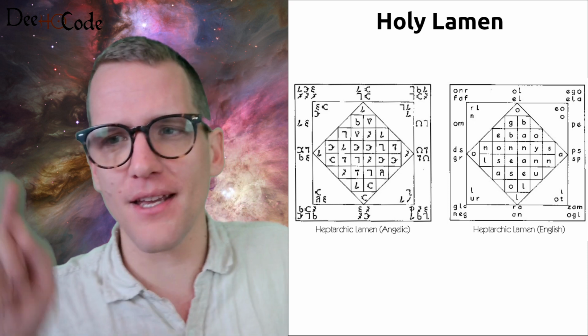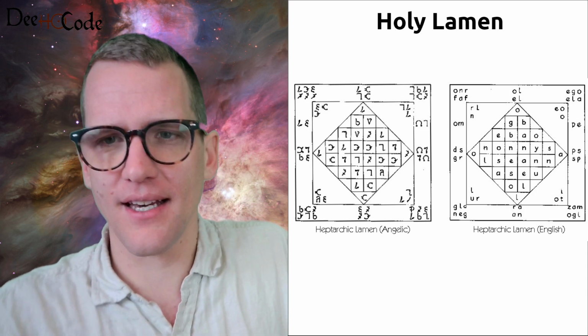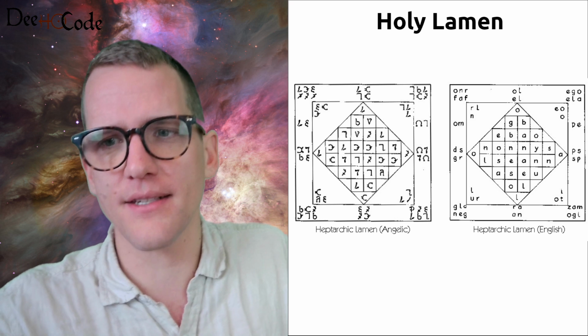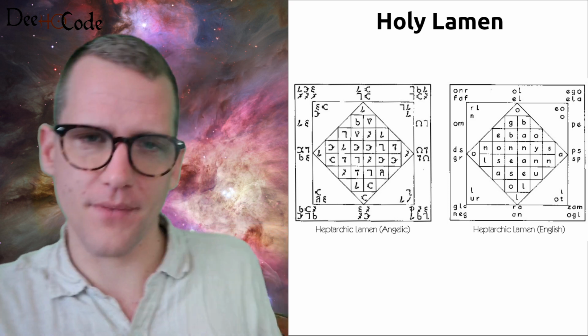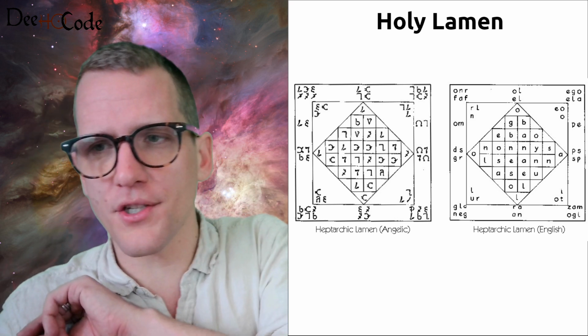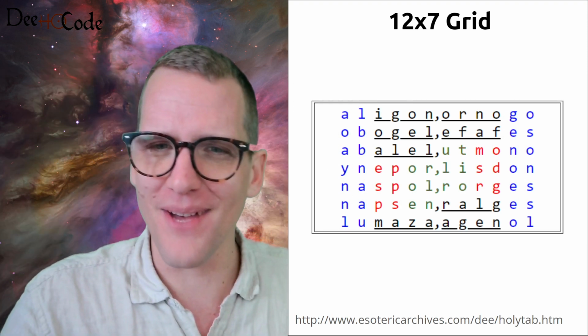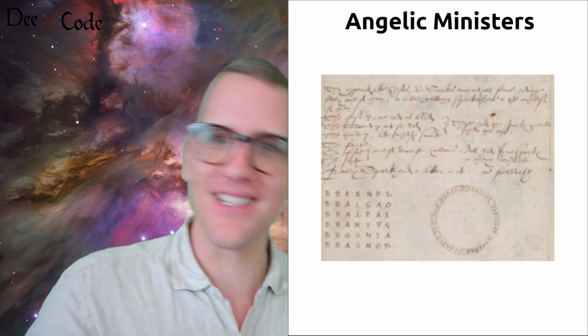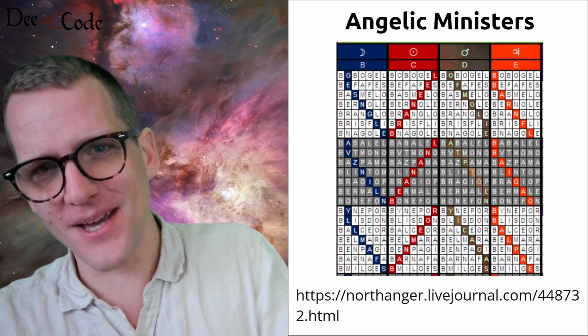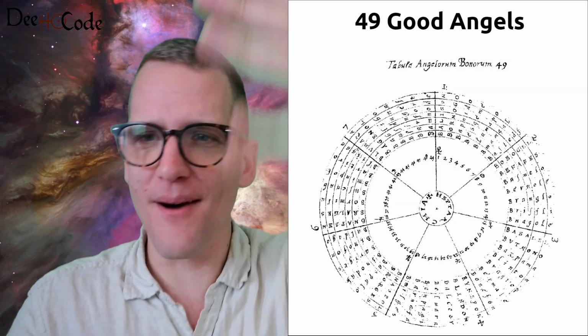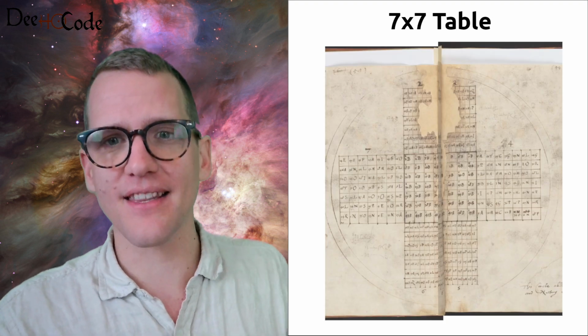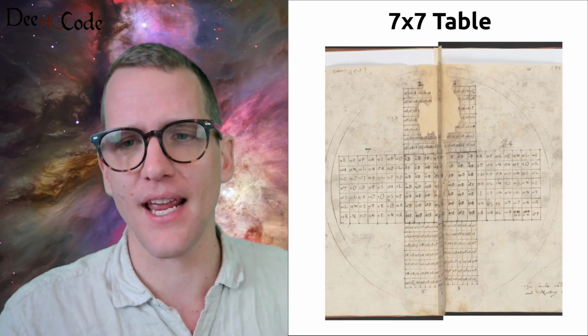And it's really important to know, right, that the angelic script can be translated into the Latin script, which then can be associated with this 12 by 7 grid. It is talked about here, and has information and patterns that come through this cipher disk that have reference to this table, right?